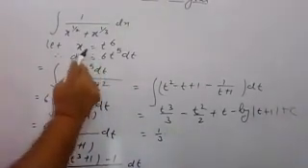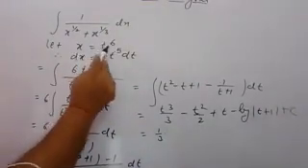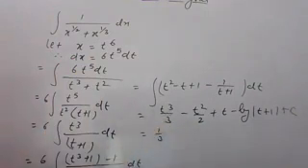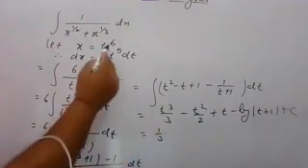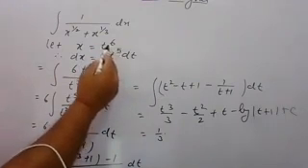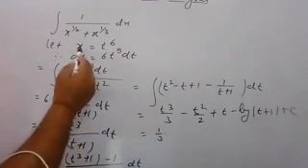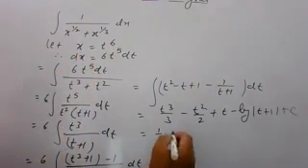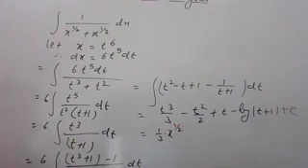So just listen. Here you assumed x is equal to t to the power 6. Now here you have t cube. So this becomes t cube when you divide the power by 2, so you can write x to the power 1 by 2.